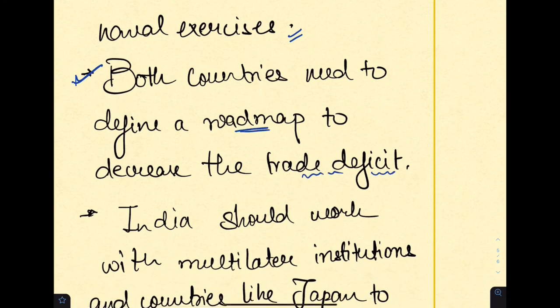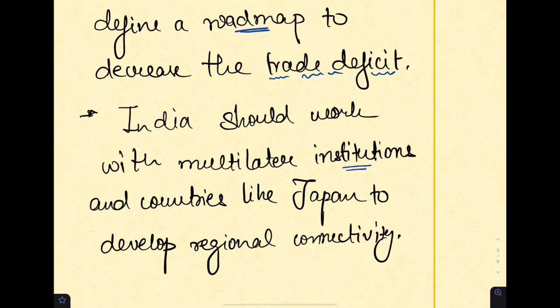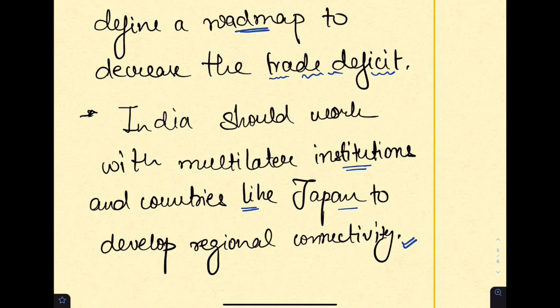See, the trade deficit issue has been very large. This trade deficit has to come down. So both the countries have to sit down and make a roadmap about this. India should work with multilateral institutions and countries like Japan to develop regional connectivity. Just like OBOR, we have to make regional connectivity possible.